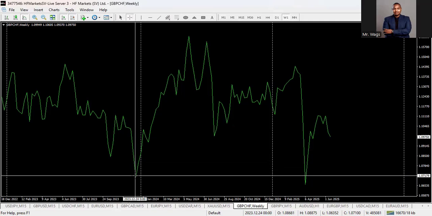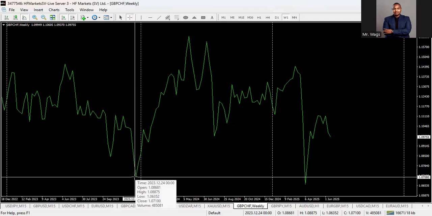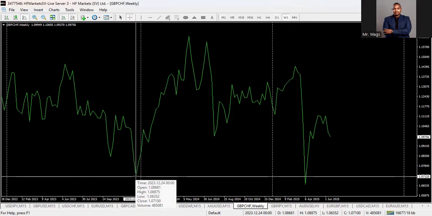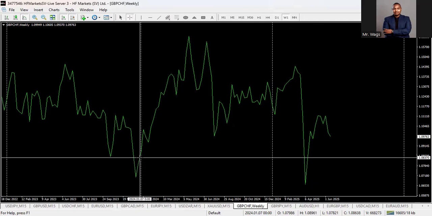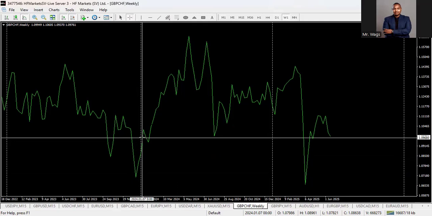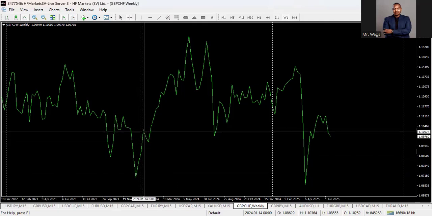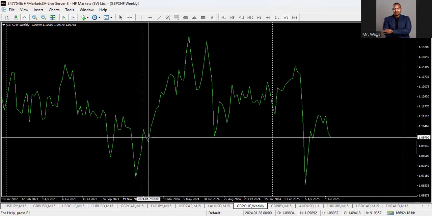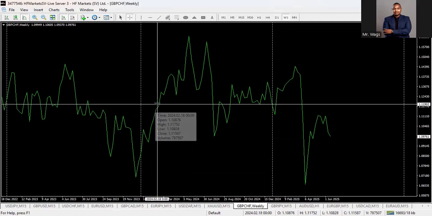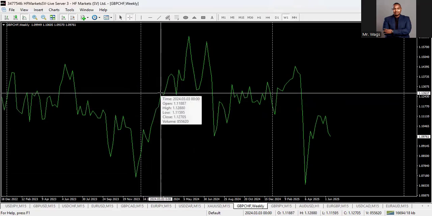So the value of £1 against Swiss franc when price was at this point, around 24th December 2023, price was around 1.07120. And you can see price did rise. We had a swing here and price continued to rise. You can see how price was rising.